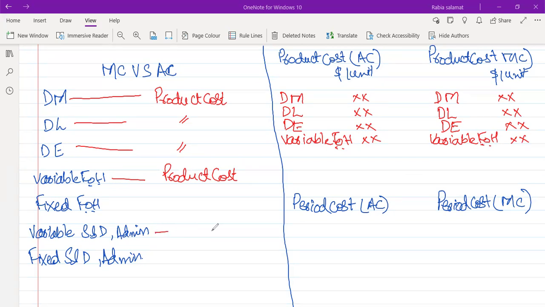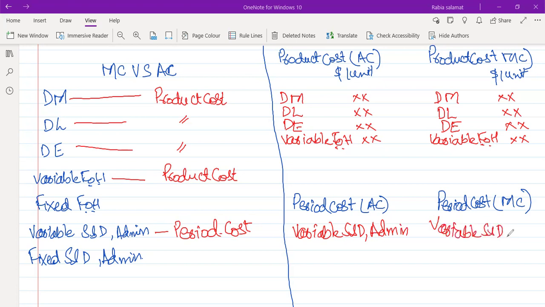Variable selling and distribution. Again, these are your period cost. No conflict in marginal and absorption costing. It is treated as period cost under absorption and under marginal. Variable selling and distribution and administration.